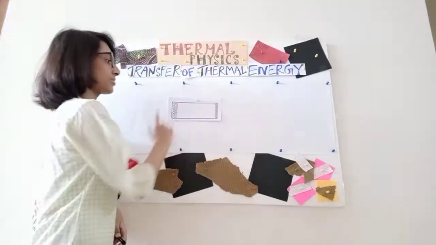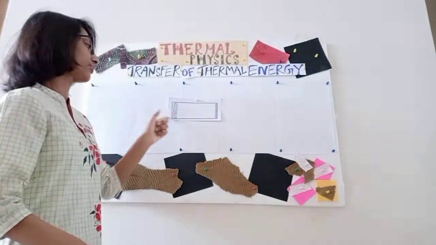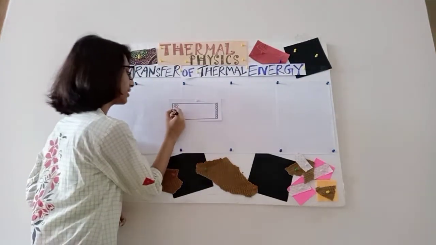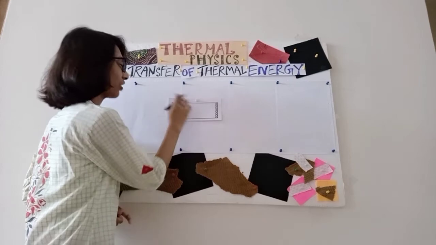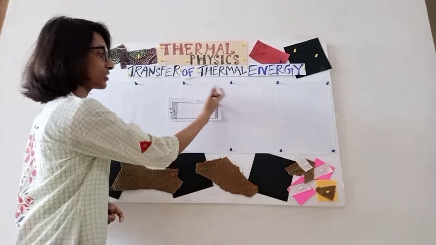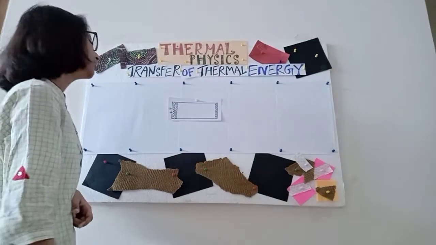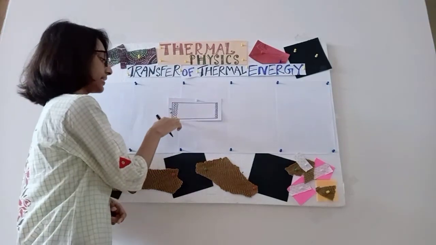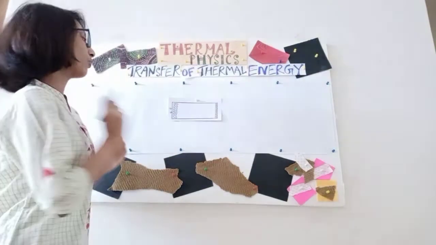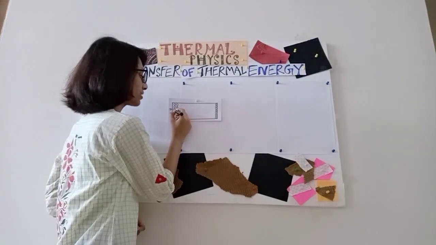So you see, suppose this is a solid and these are the molecules in the solid. If you give heat over here, then this is the hotter region and this is the colder region. This does not have heat. These molecules are getting more kinetic energy, so they will vibrate.